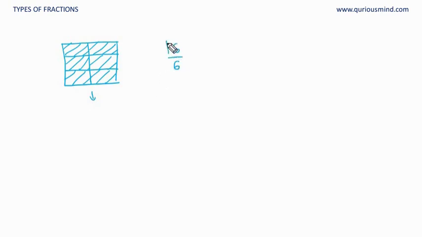And so this number, the numerator, has to be always lesser than the denominator or equal to. When it is equal to, it is a whole. But when it is lesser than, it is a fraction. And I can take this fraction.